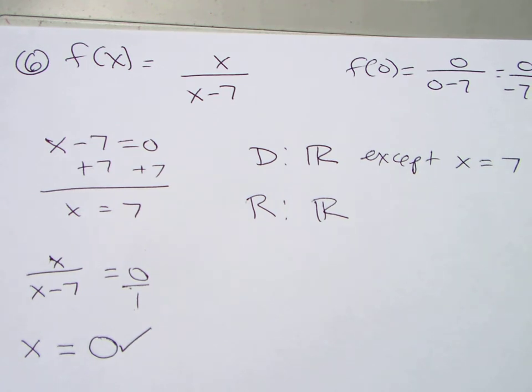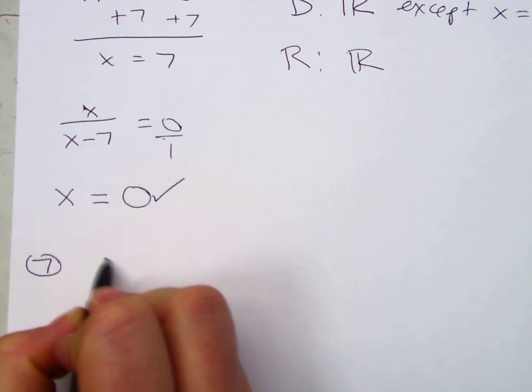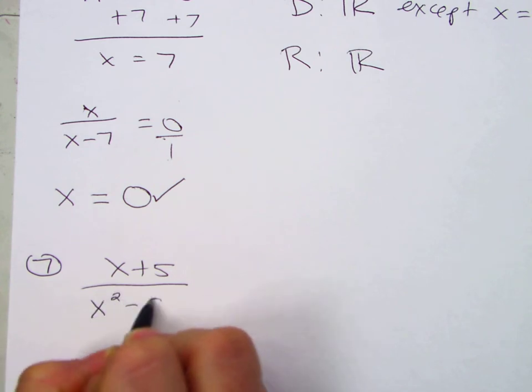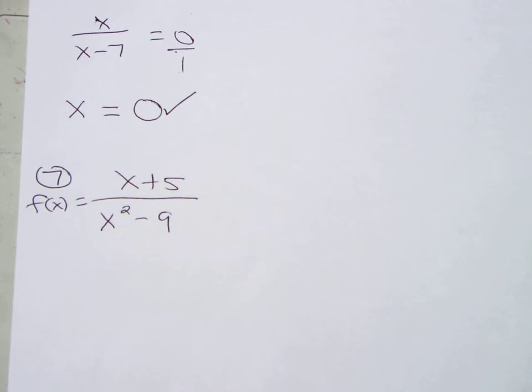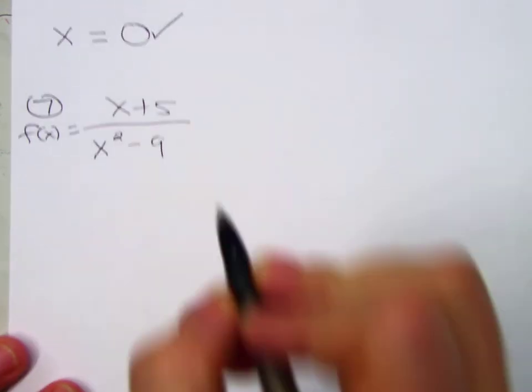All right, next one. Number 7. f of x equals x plus 5 all over x squared minus 9. Pause the video, try it on your own. This kind of takes everything we've done so far.